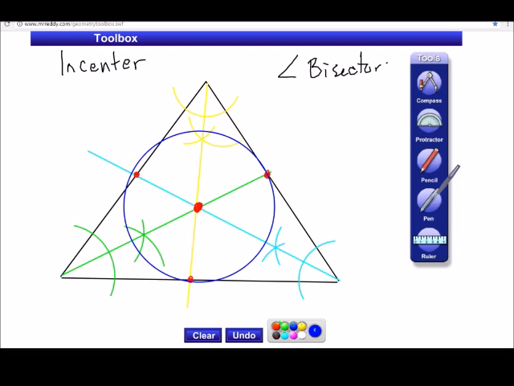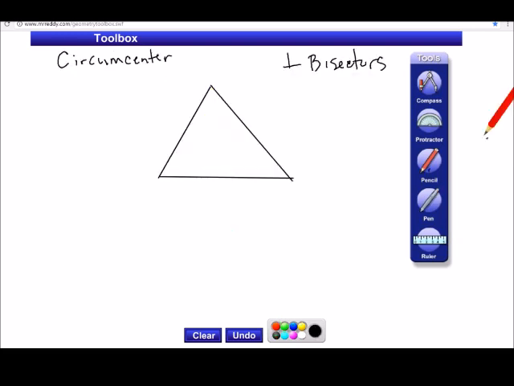That was fun. We're going to construct the circumcenter of our triangle, and we do that by constructing the perpendicular bisectors of the sides of our triangle, and we do that using our compass. And if you remember, we set our compass to at least more than half of the length of the segment. I am just simply going to use the length of the segment because that makes my life easy.